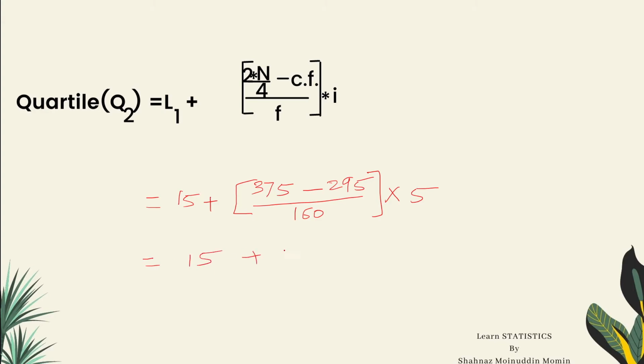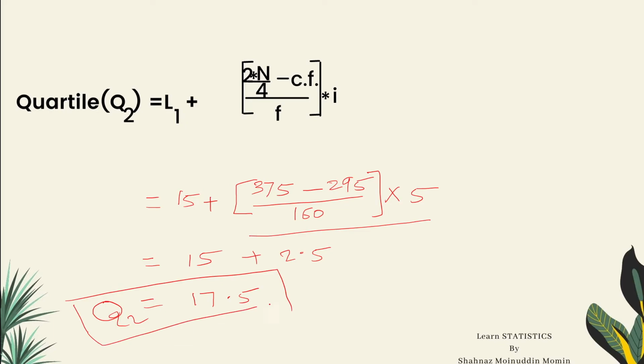After calculating, this term comes out to be 2.5. 15 plus 2.5 is 17.5. Hence, Q2 equal to 17.5.